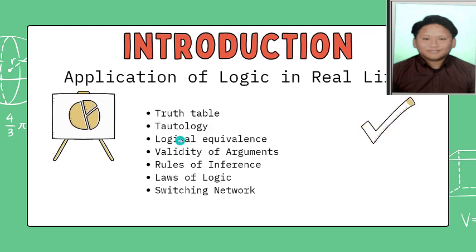Other than that, we also learn about logical equivalence, validity of arguments, and rules of inference in order for us to be able to answer question 2. We also need to understand how to use law of logic and switching network for us to answer question 1.